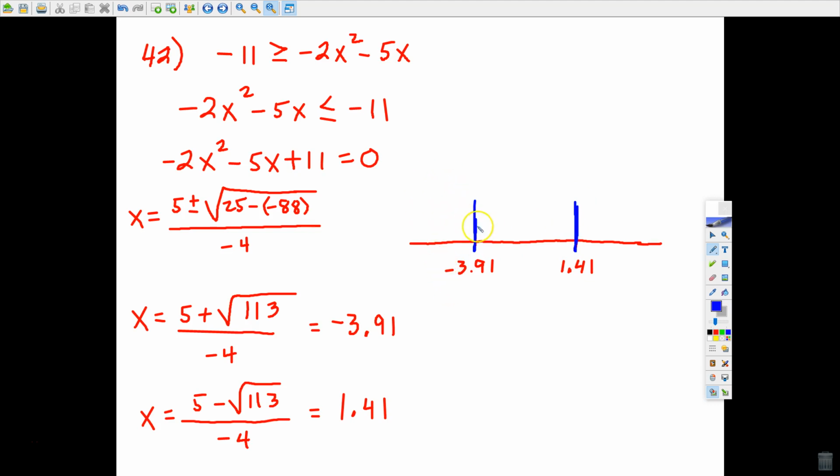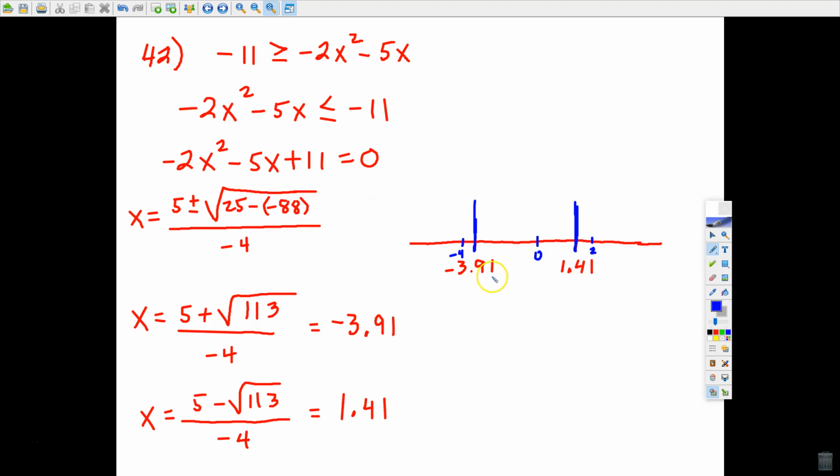I'm just going to break up this little number line into 3 sections. Okay, I'm going to test a number to the left or less than negative 3.91, so I'm just going to use negative 4. I'm going to test a number in between these, and the easiest one to choose would be 0. And then I'm going to choose a number to the right or greater than 1.41, so I'm just going to test 2.